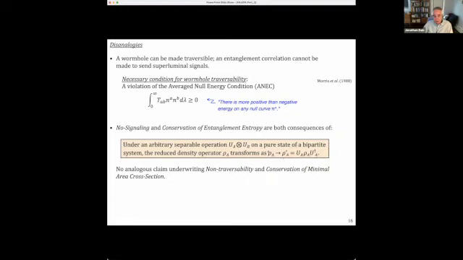And it's this transformation characteristic of the reduced density operator that ultimately entails both the no-signaling theorem and the conservation of entanglement entropy claim. The point here, though, is that there's no analogous claim that underwrites both non-traversability and conservation of minimal cross-section area theorems on the ER side. So in other words, no-signaling and conservation of entanglement entropy seem more connected than their wormhole correlates appear to be.